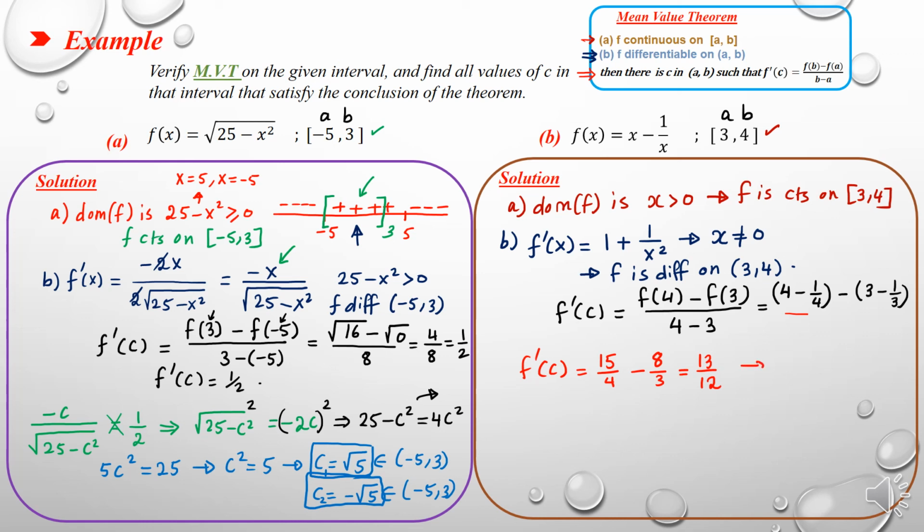So we have f prime of C equals 13 over 12.